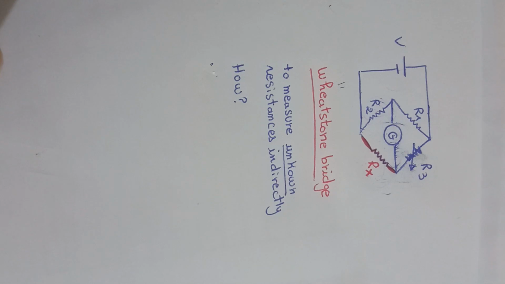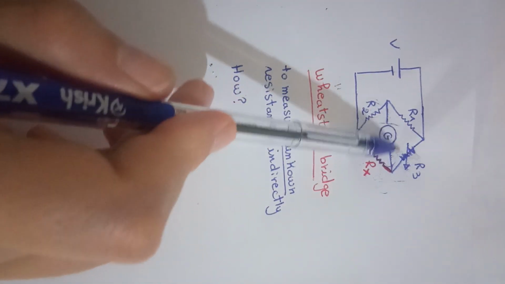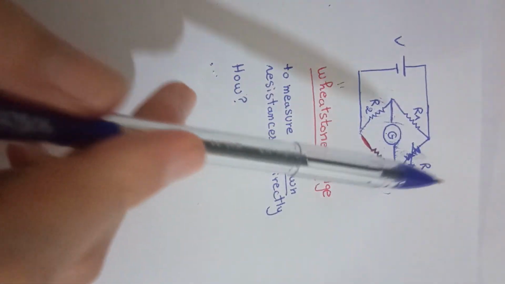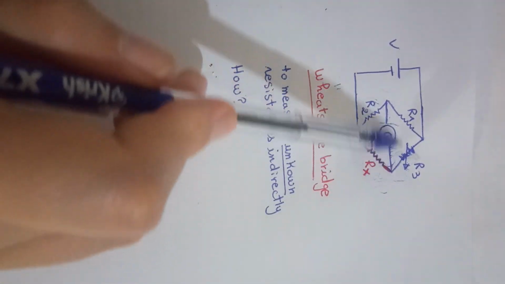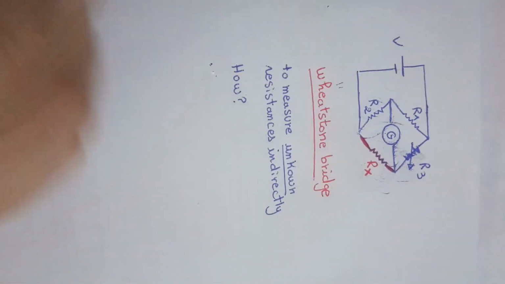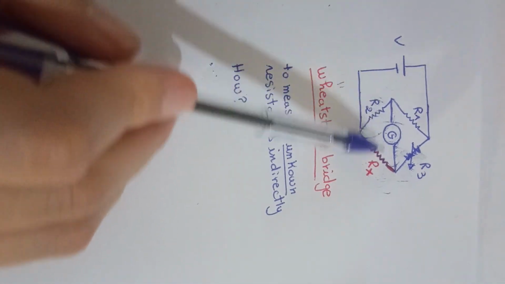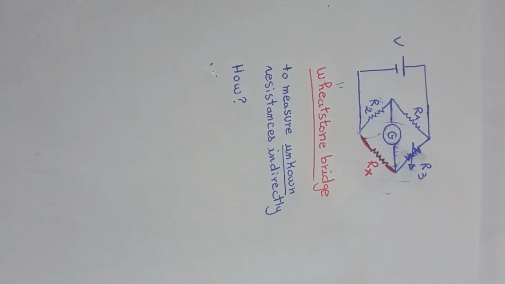So again, when we make the bridge balanced, that means we adjust this resistor to make the voltage here equal zero, which means this voltage equals this voltage. Okay, so let's find these voltages and make them equal each other.